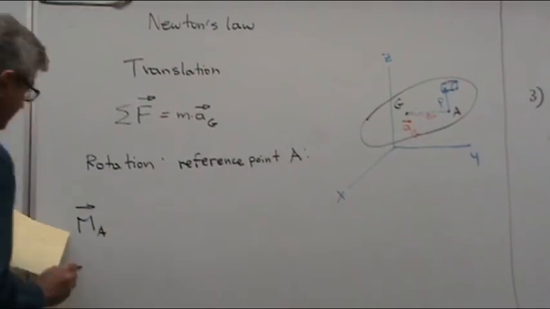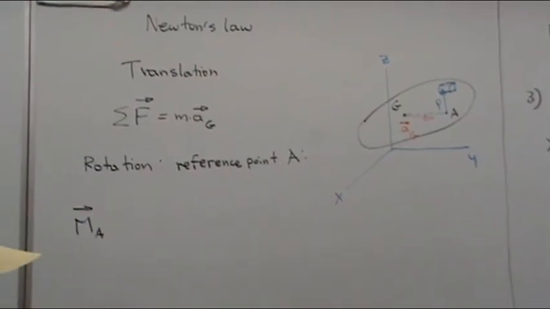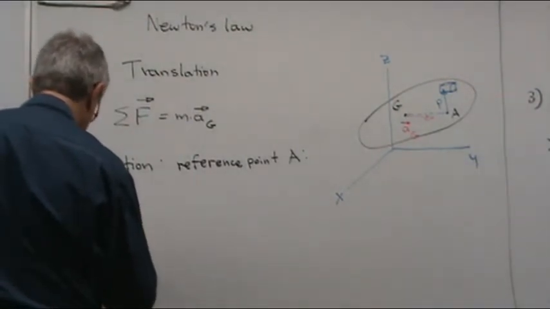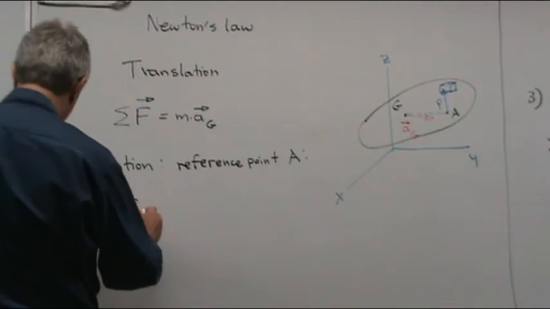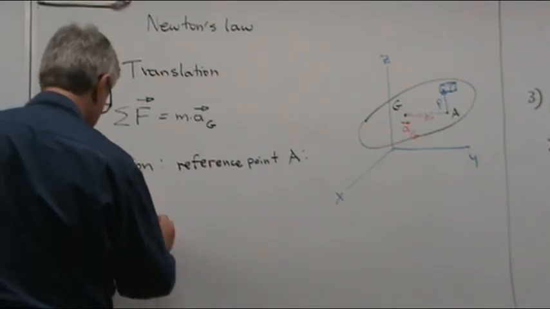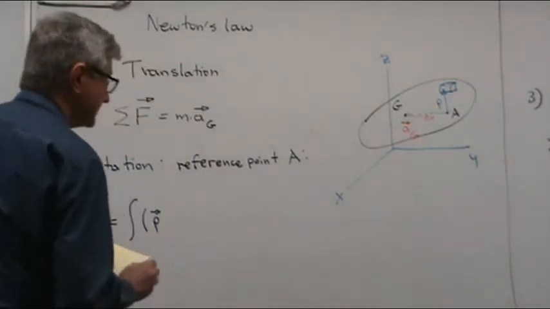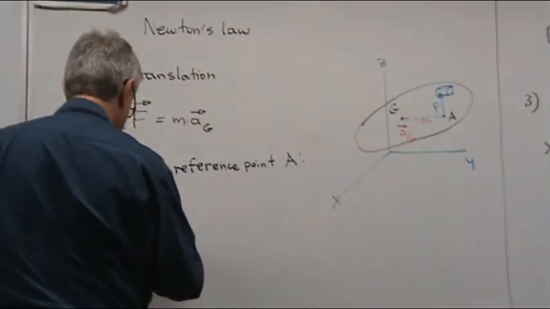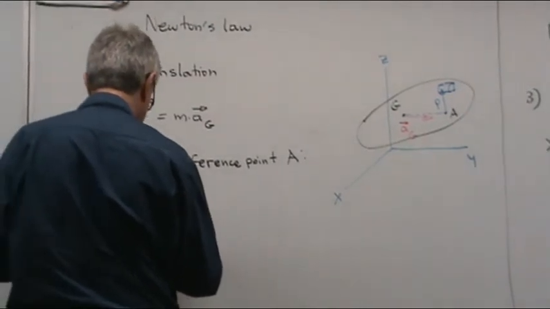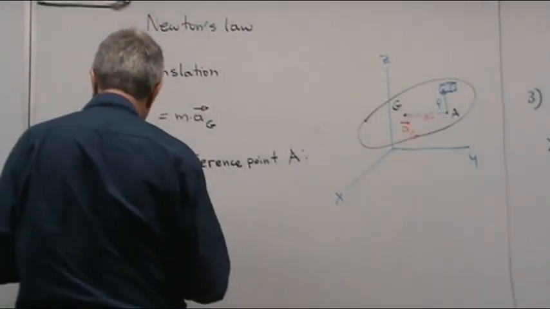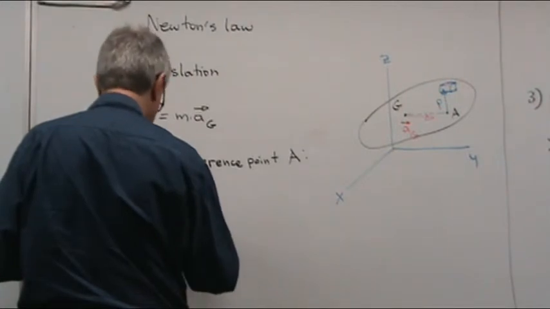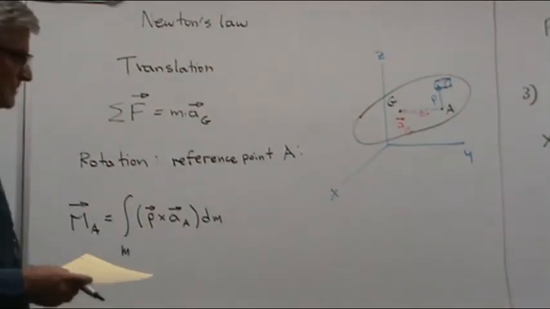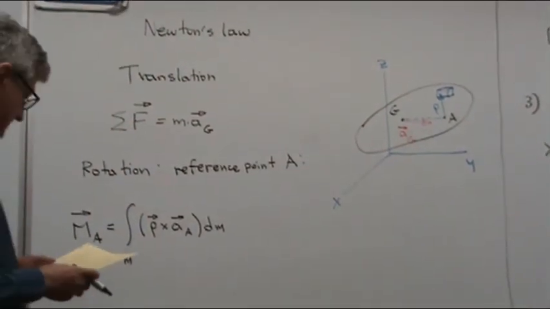actually you have three components of the moment, so it is a vector. You have the integral over the body of rho, okay? So rho is this vector. The cross product of that times the acceleration of A, and you take the integral over the entire mass. That's the first term.